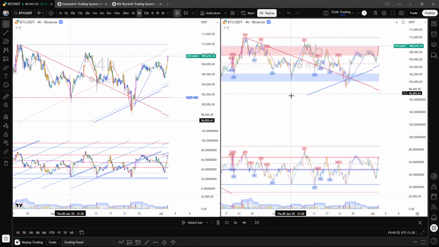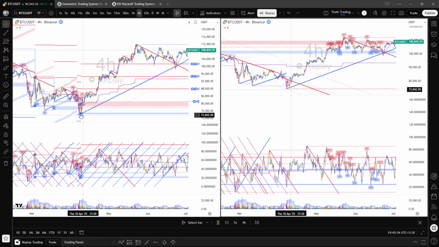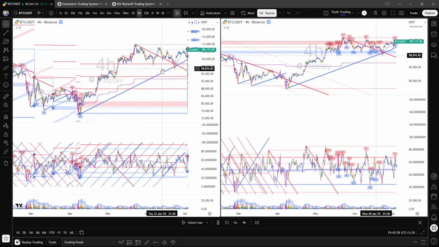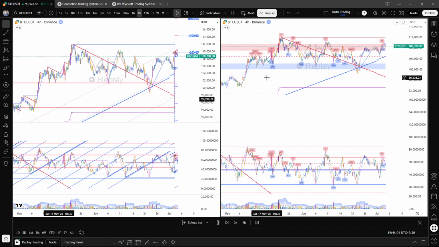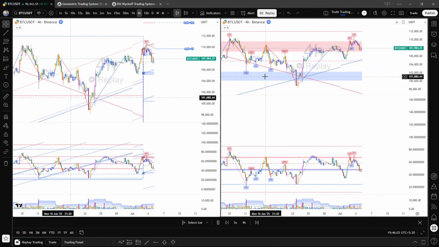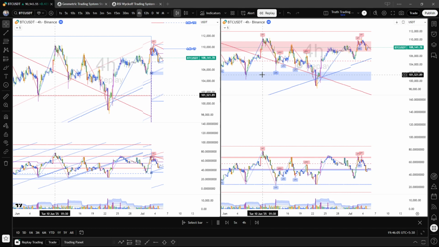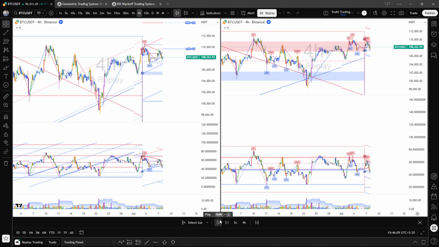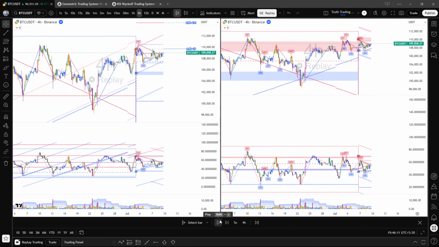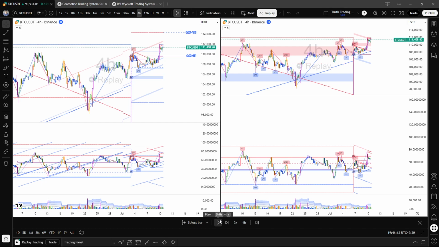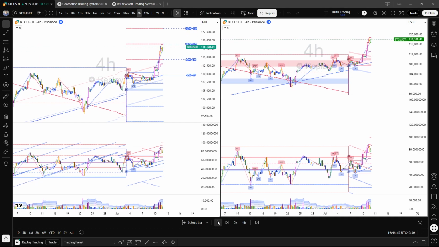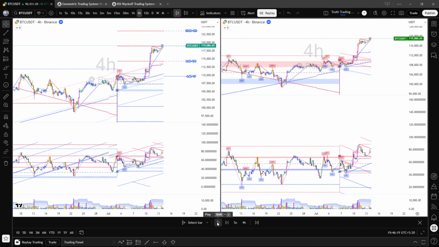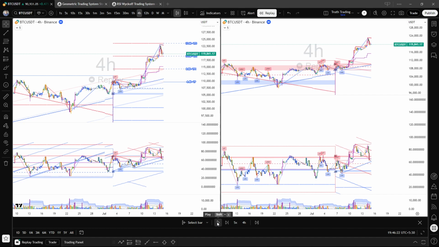You see here, boom, hit, and then it went up. I'm telling you guys, no other indicator I've seen so far does this sort of analysis algorithmically. So use it to your advantage to get an edge in the market, okay?